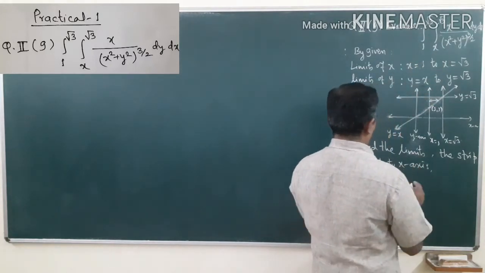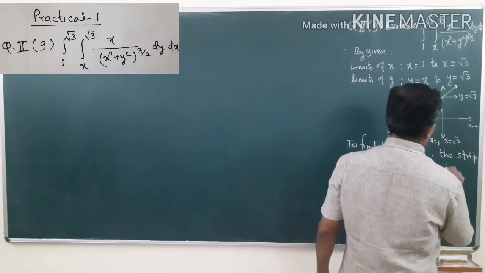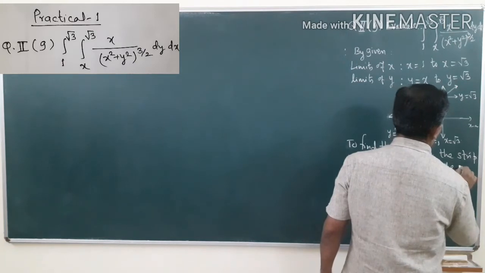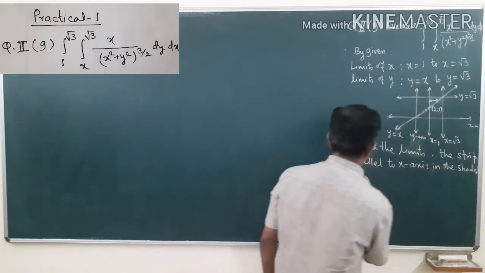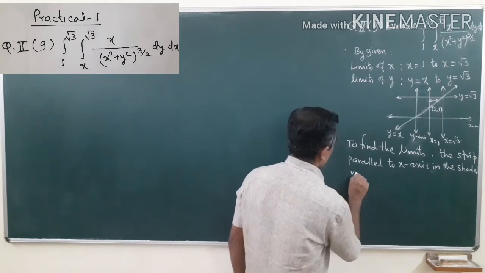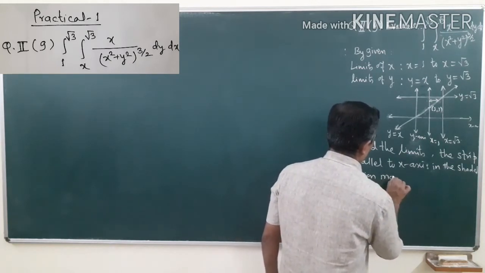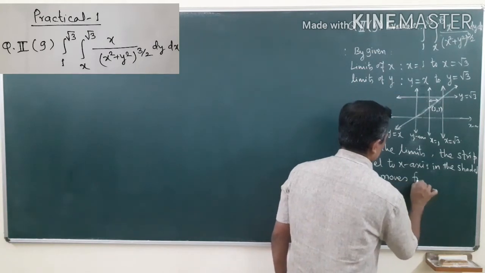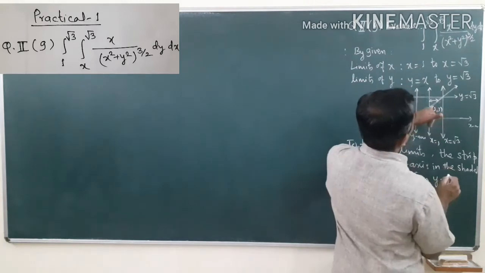The strip parallel to x-axis in the shaded region moves from y is equal to 1.